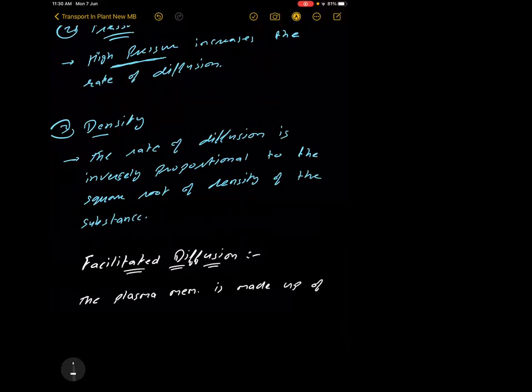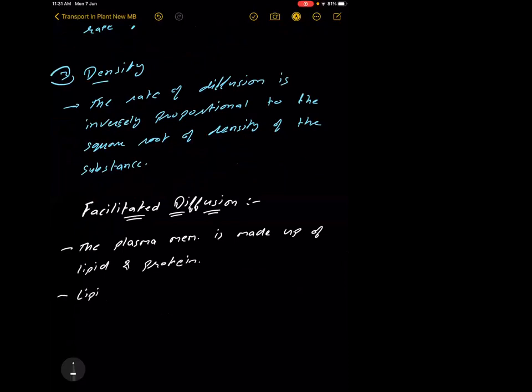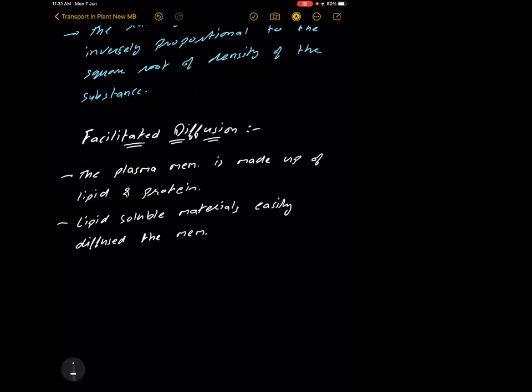is made up of lipid and protein. So lipid soluble materials are easily diffused through the membrane.